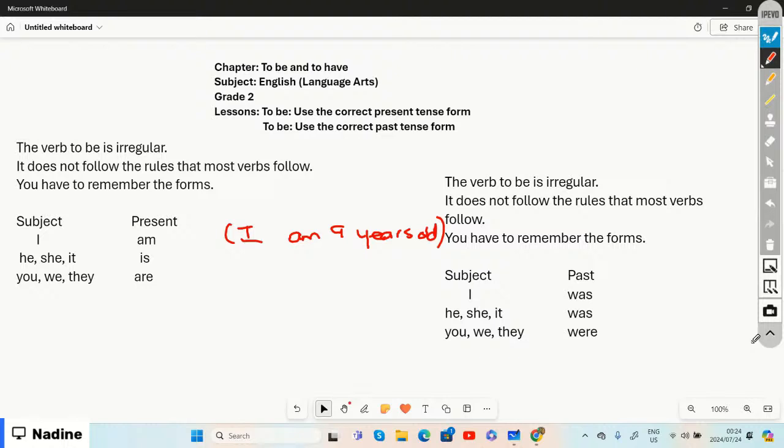So say for example, we say I. If I make mention of I, then in the past I would say I was, because this is past tense. All right. So if we were to make mention of myself, we would say I was, right? And that is where we use, for example, I and was.